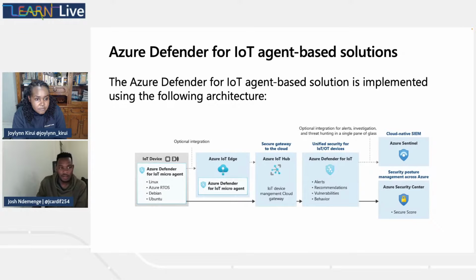There is a resource on docs that allows you to install the Defender for IoT micro agent and also to authenticate it. You have to install, and then you authenticate the micro agent. For authentication, you can use certificates as well. So you just have to install it onto your device, and you're good to go.